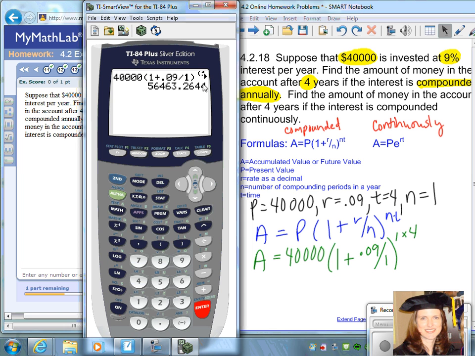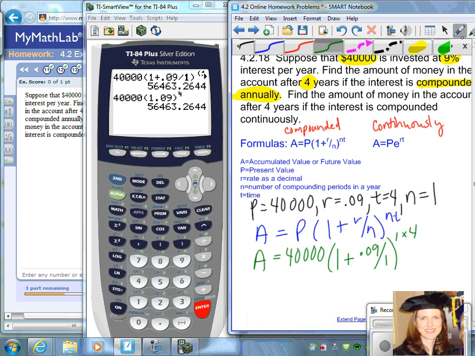Okay, so we have 40,000 times 1 plus 0.09 divided by 1, all of that raised to the 1 times 4 power. Now you can also simplify those first, and if you take 1 plus 0.09, that's 1.09, raise it to the 1 times 4 power, which is 4. So either way you do that, just be careful making sure you do all the right calculations.